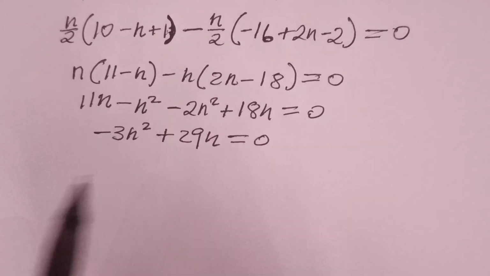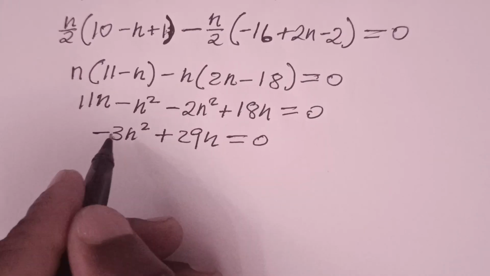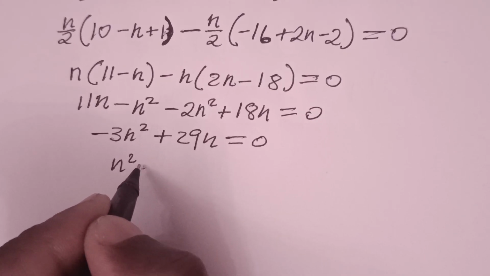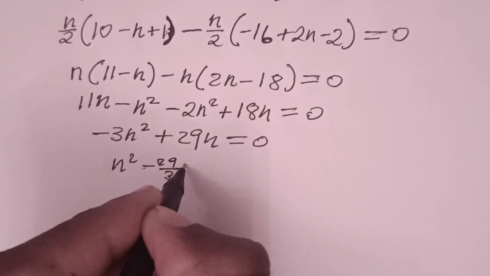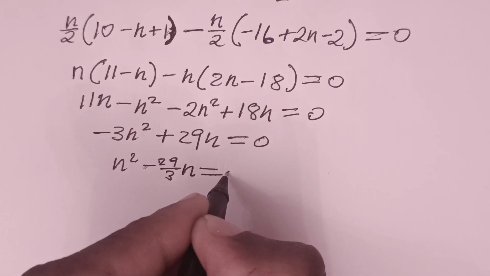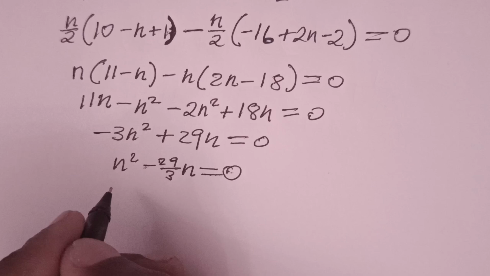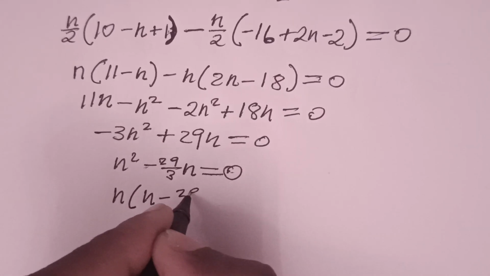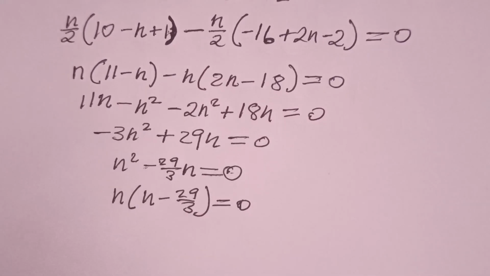In this particular instance, if you divide by a negative 3, it's going to be n squared minus 29 over 3 n. You can't divide by n because that's what we are looking for. Equals 0. Dividing by minus 3 that side, such that you'll have n into n minus 29 over 3, factorizing that, equals 0.